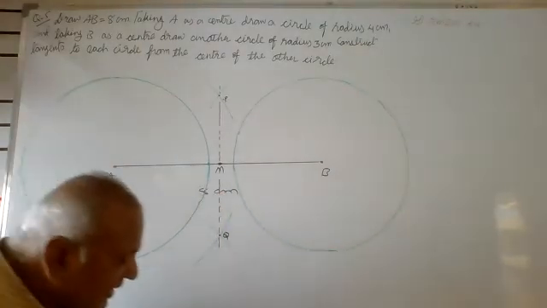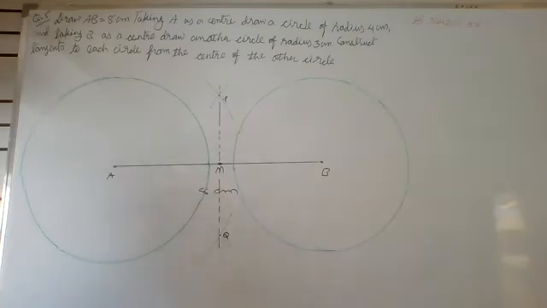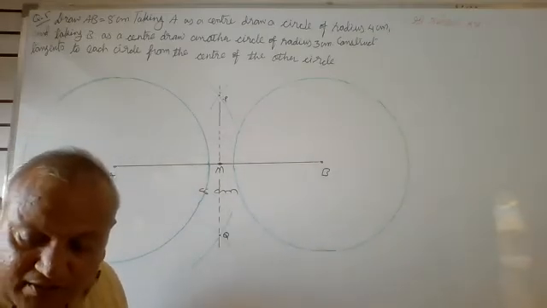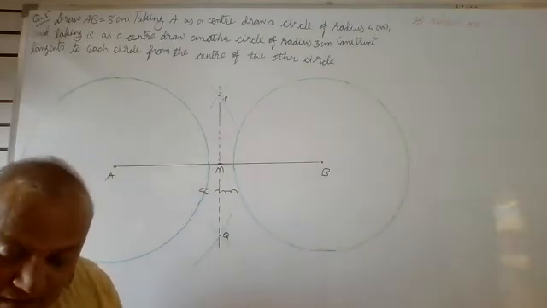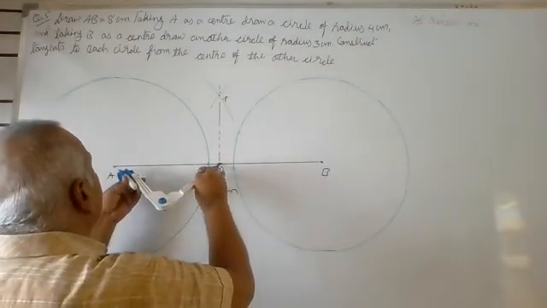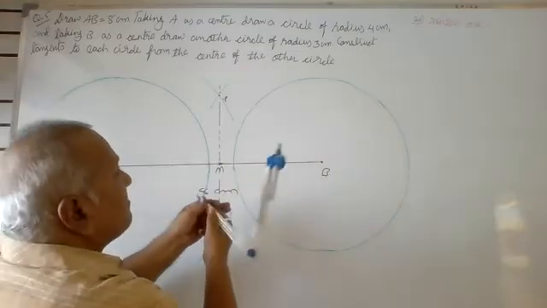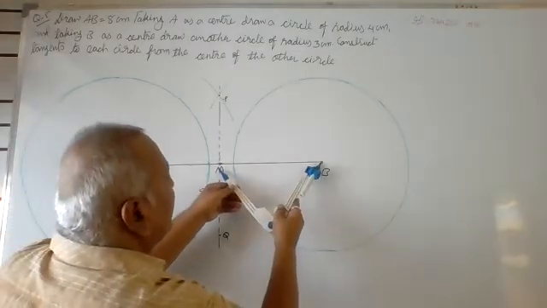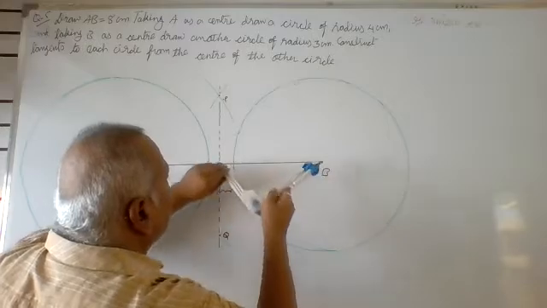Now by taking M as a center, we have to construct another circle. By taking M as the center, MA and MB must be the same.